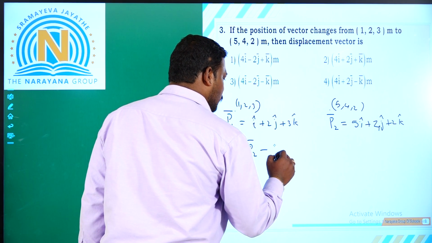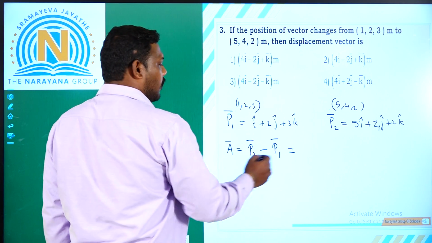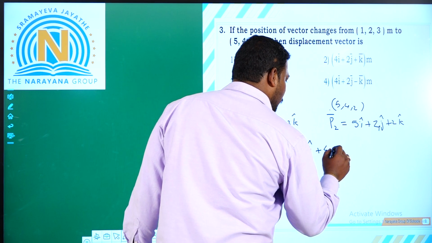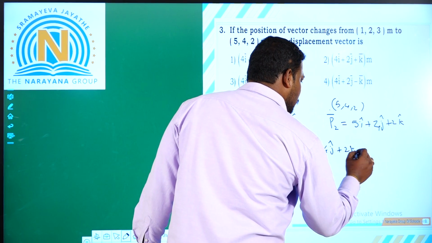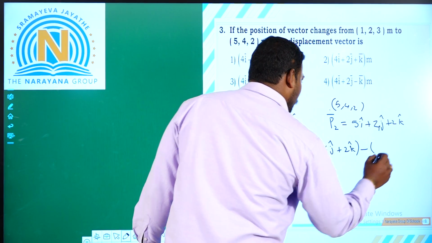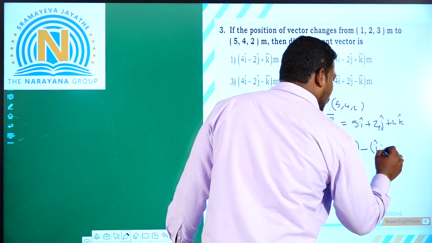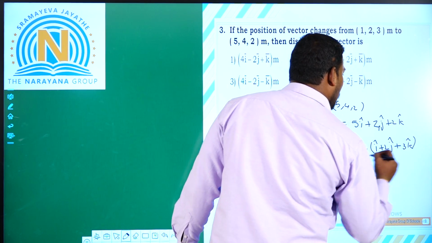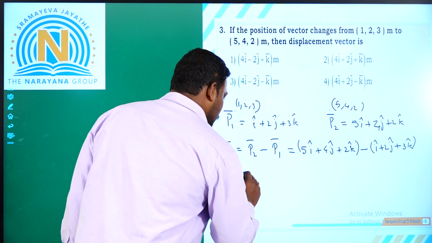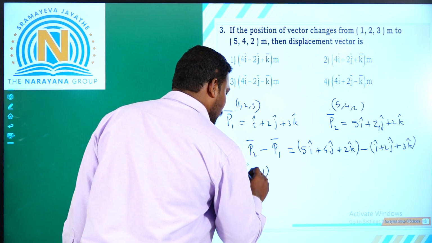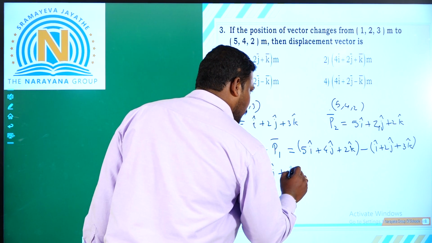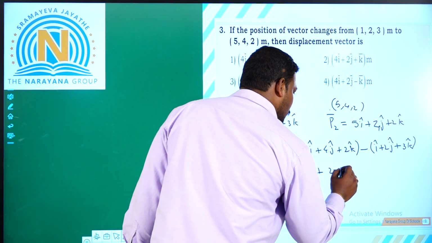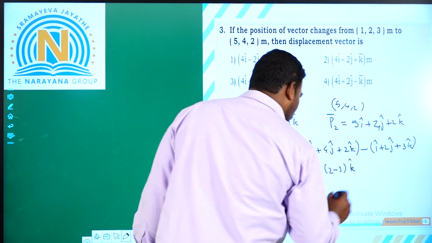Now the displacement vector, that is, let us say a vector is displaced from P1 position to P2 position, that is P2 minus P1. So 5 i cap plus 4 j cap plus 2 k cap minus of i cap plus 2 j cap plus 3 k cap. Okay, this can be written as 5 minus 1 of i cap plus 4 minus 2 of j cap plus 2 minus 3 of k cap.